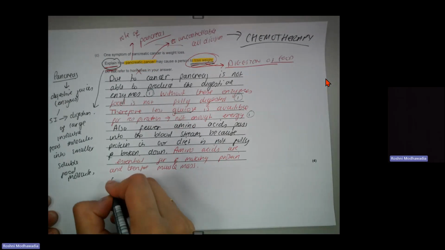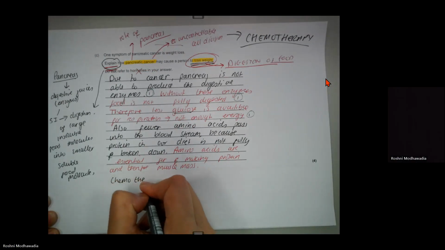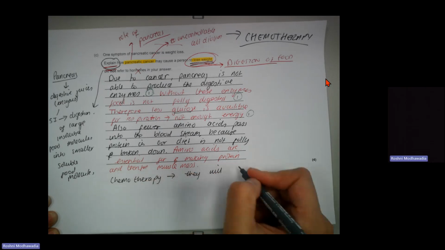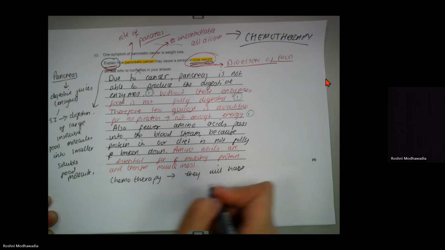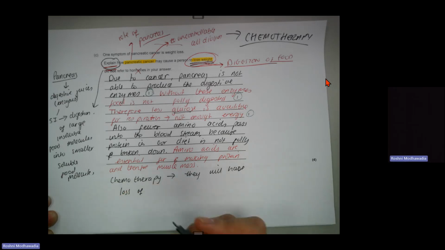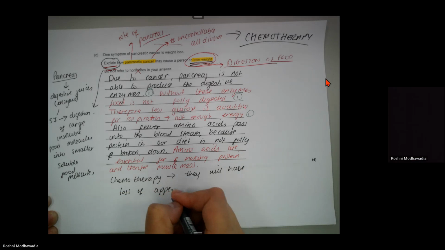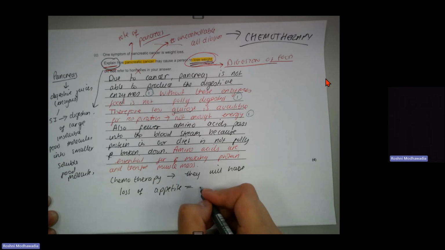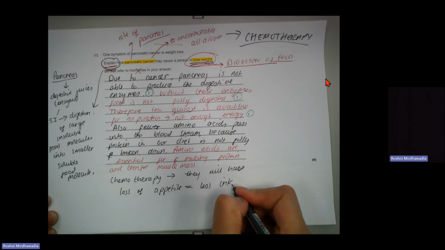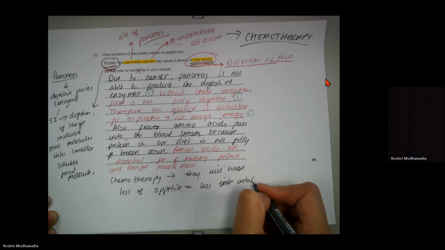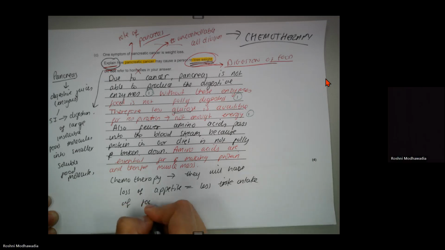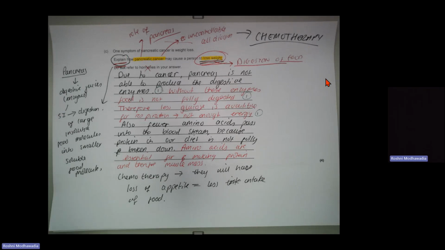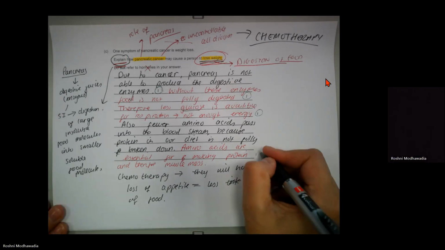And we know that if the person is undergoing chemotherapy, they will have loss of appetite. And because of this loss of appetite, they will naturally have a less intake of food. So they're not eating enough. And those points would also be a mark there.